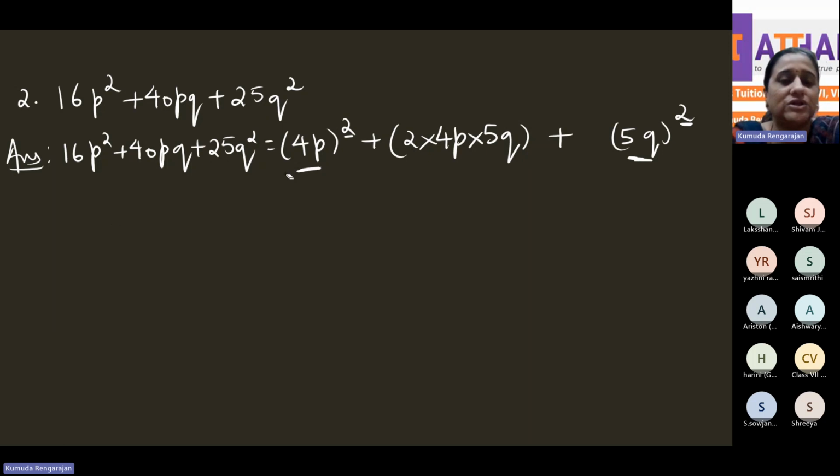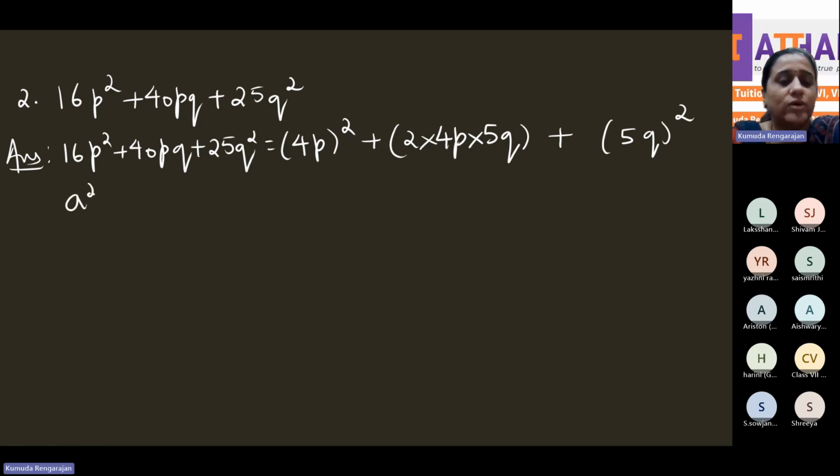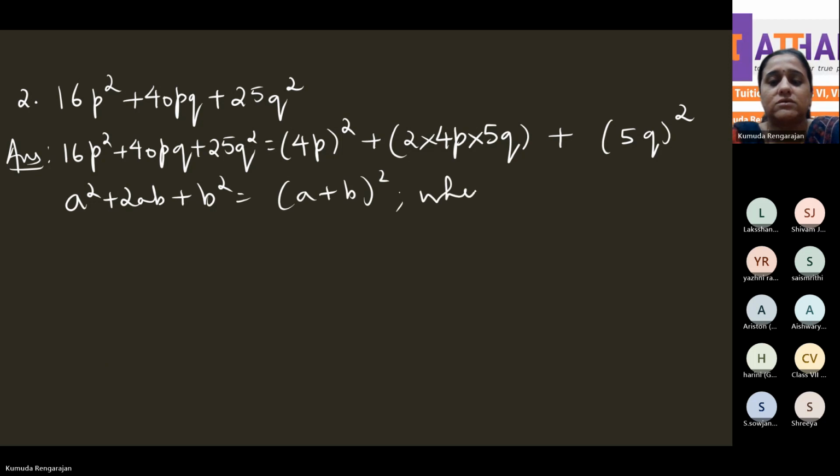So the given expression can be written in the form a square plus 2ab plus b square. The given expression can be presented in the form a the whole square plus 2 into a into b plus b the whole square. So write that identity. a square plus 2ab plus b square is equal to a plus b the whole square, where a is 4p and b is 5q.